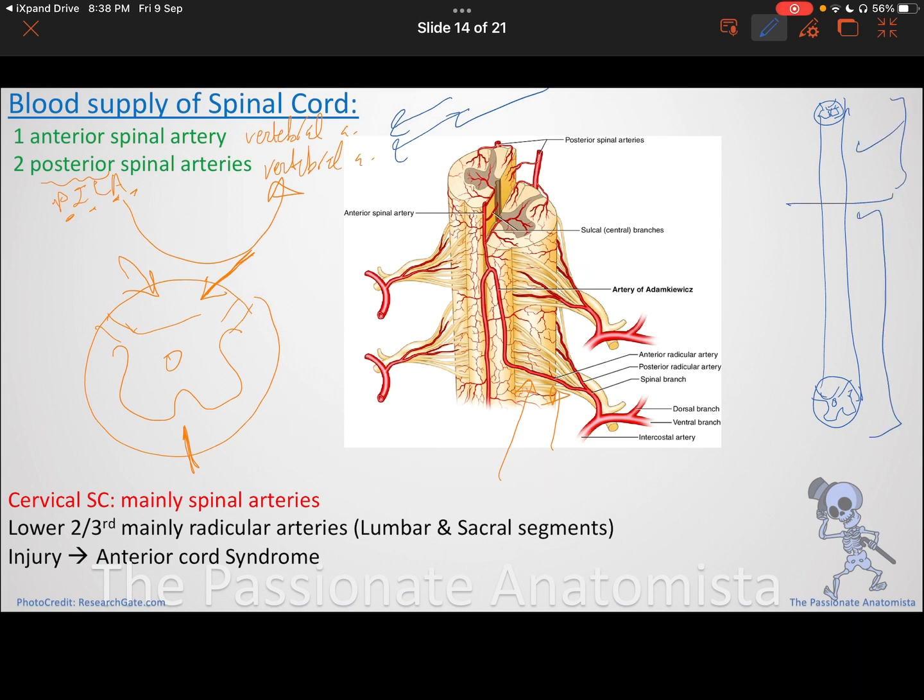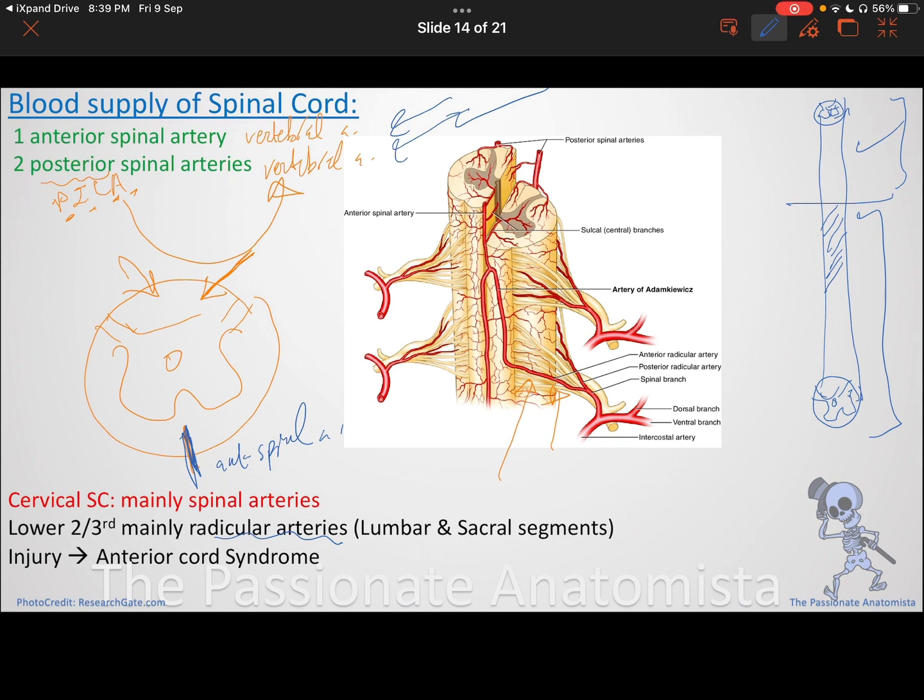In the lower two-thirds of the spinal cord, in the lower thoracic region and upper lumbar region, most of the blood supply that comes to the anterior spinal artery is coming from the radicular arteries. We call it the great radicular artery of Adamkiewicz.